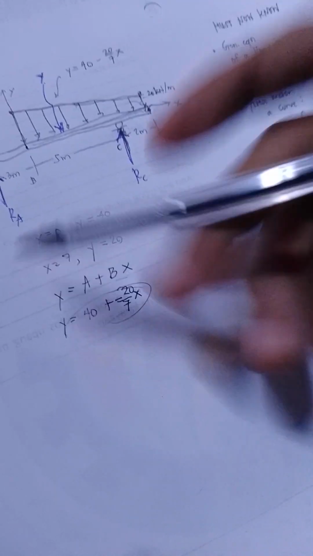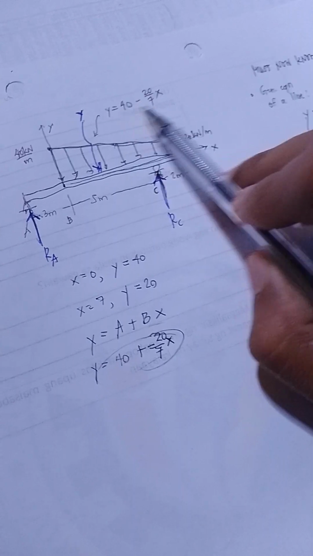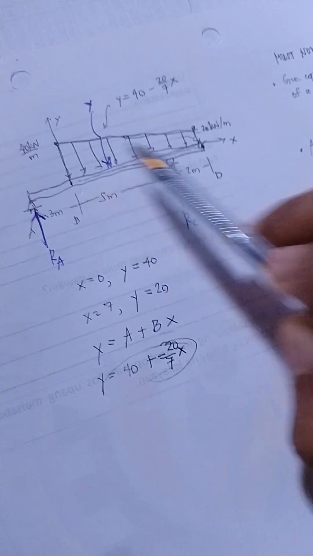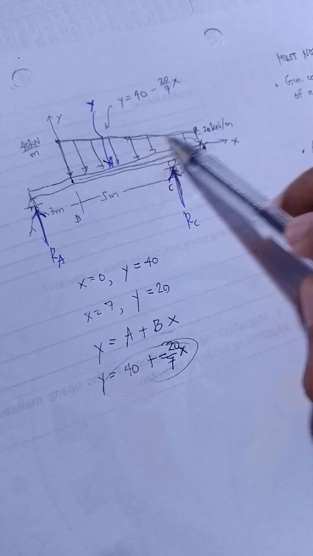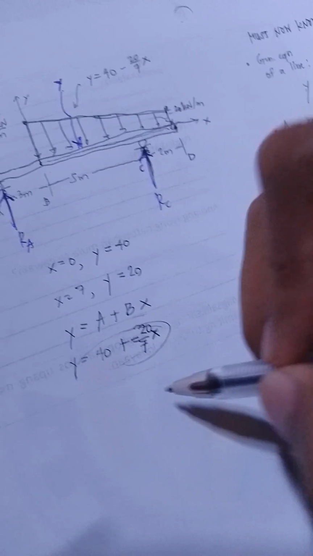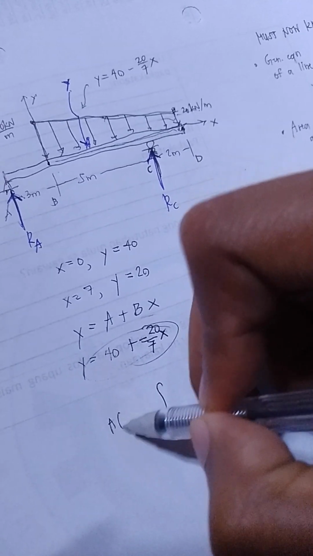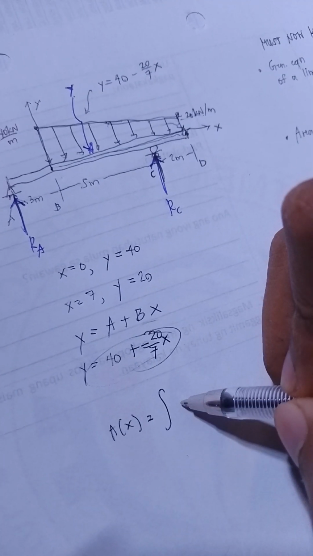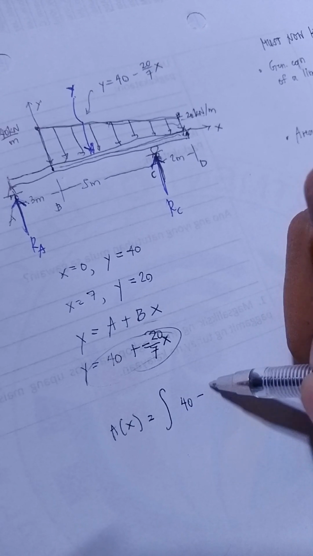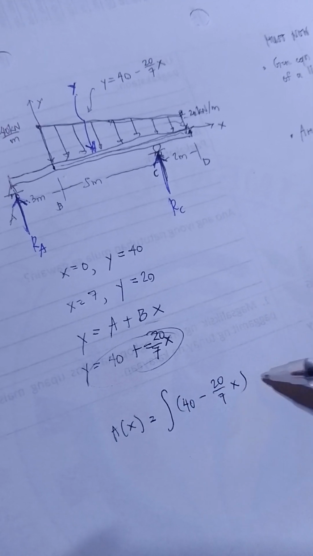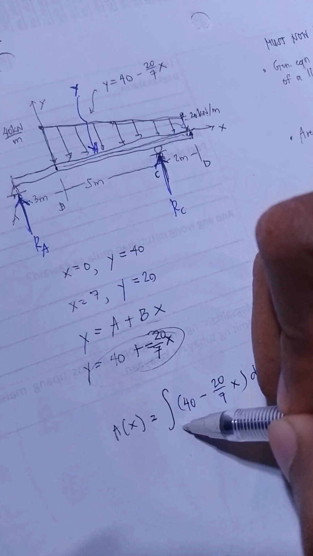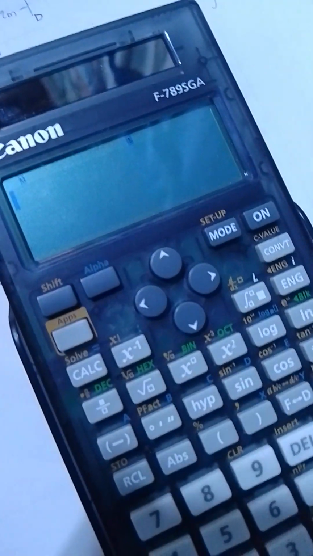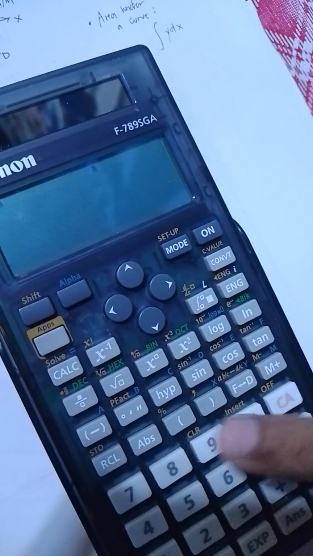That is just the integral of this function from 0, our origin, to 7, the entire span of this loading. The area is the integral of 40 minus 20 over 7x dx from 0 to 7.